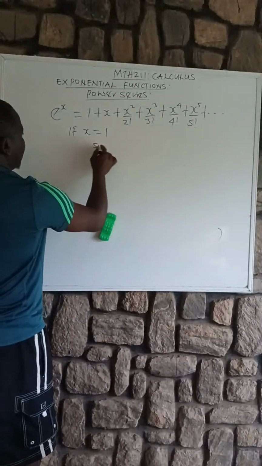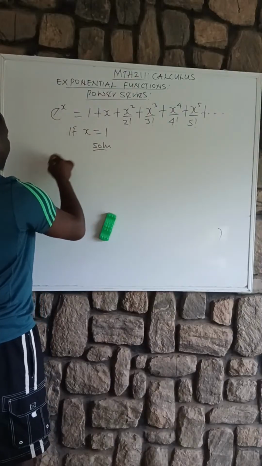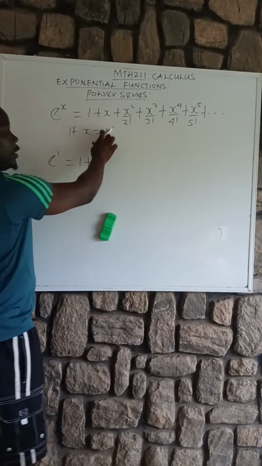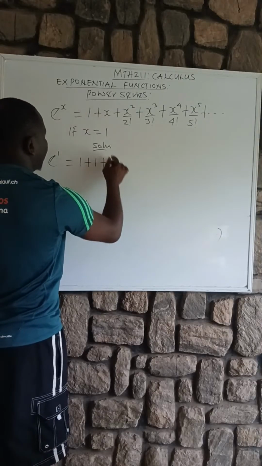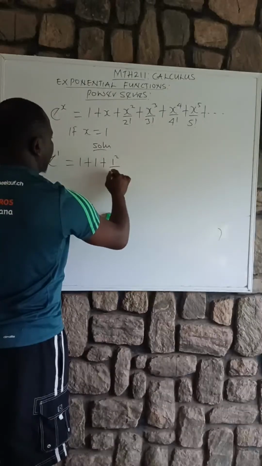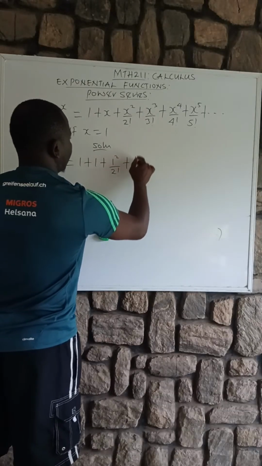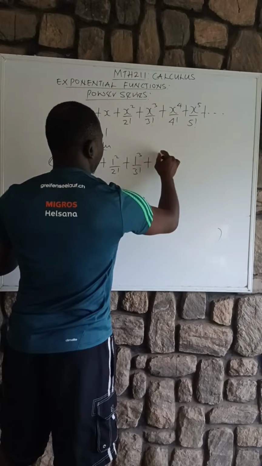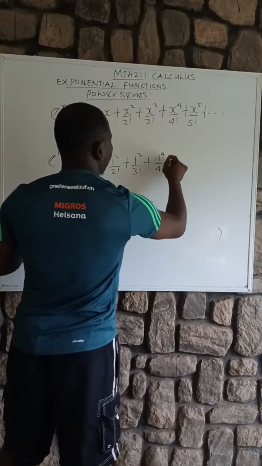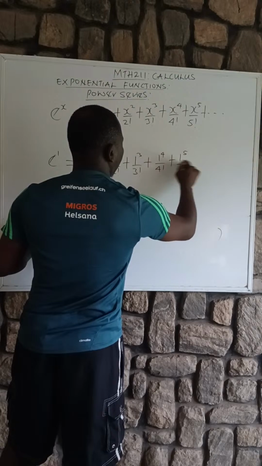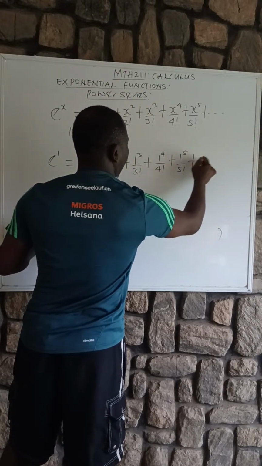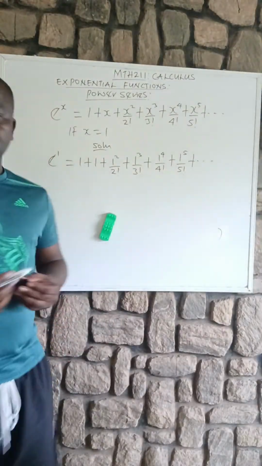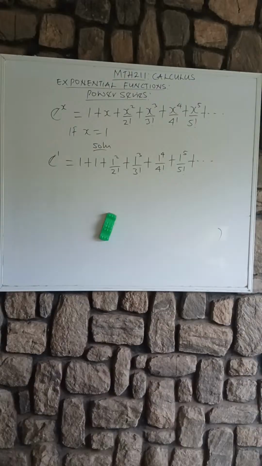It means our exponential of 1 now becomes 1 plus 1 (since x is 1) squared all over 2 factorial, plus 1 raised to power 3 all over 3 factorial, plus 1 raised to power 4 all over 4 factorial, plus 1 raised to power 5 all over 5 factorial, plus and so on. It continues. Is that clear? Because our x is 1.